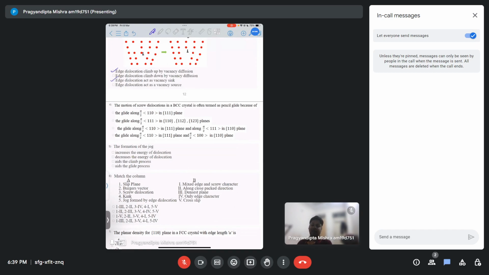So which is the right option? For BCC, we have already seen, I have given you the table, right? It's the glide along <111> in {110}, {112} and {123} planes. That is the right answer. The glide happens along these three directions.